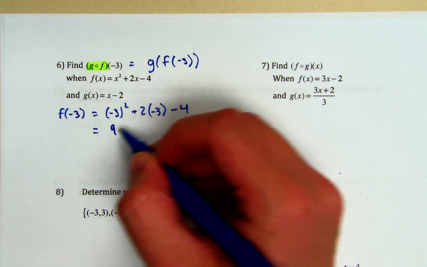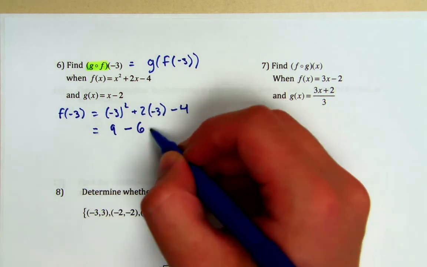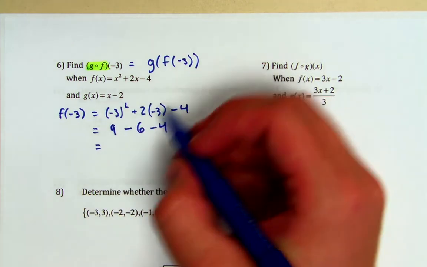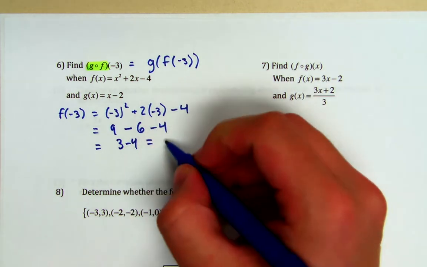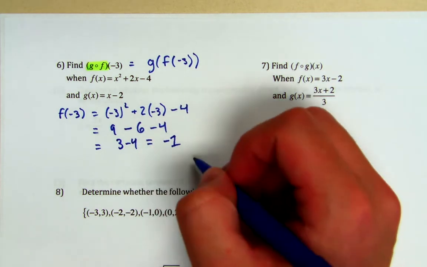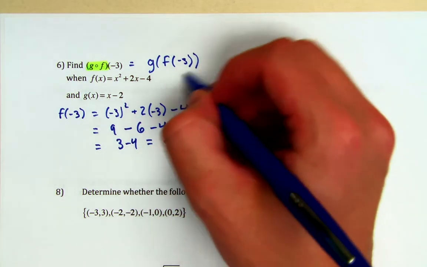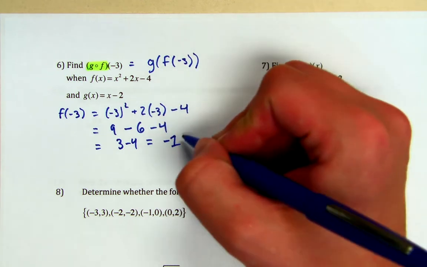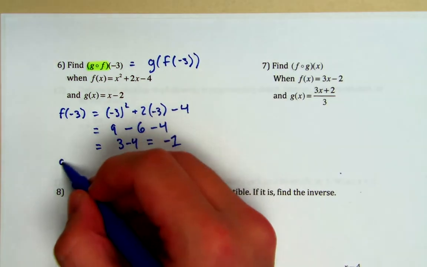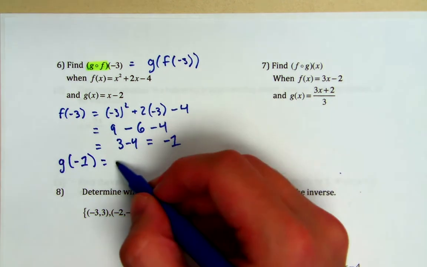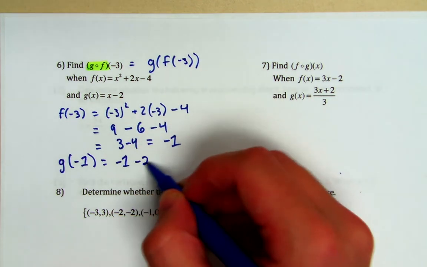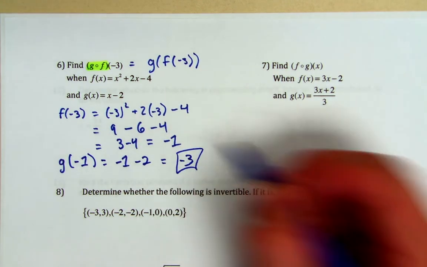So I've got 9 minus 6 minus 4, which is 3 minus 4, which ends up being negative 1. So now I know f of negative 3 is negative 1. So I need to do g of negative 1. So I have negative 1 minus 2. I get negative 3 as the answer.